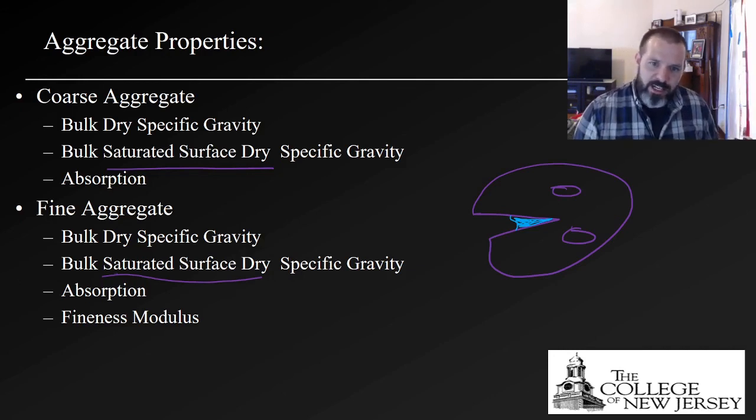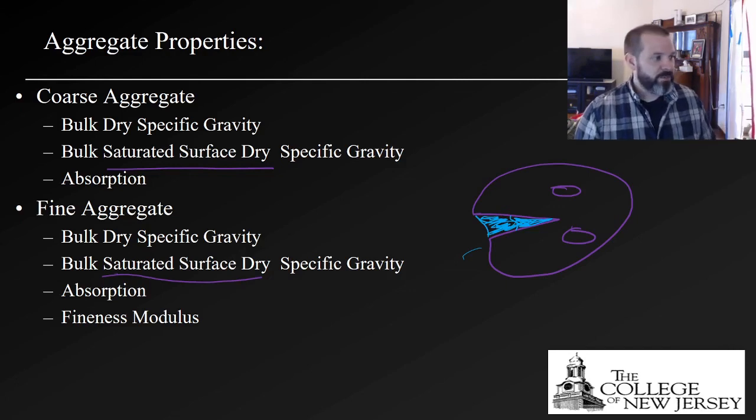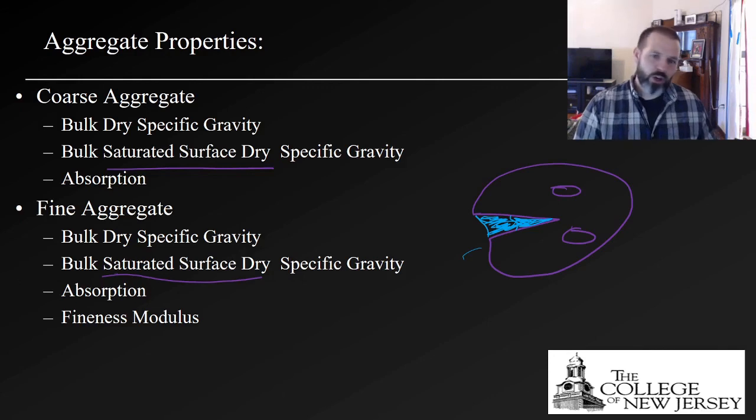If the aggregate is at the perfect condition, where its voids are completely filled, we call this the saturated surface dry condition. If aggregate is added at the saturated surface dry condition, it will neither bring water to the mix or draw water out of the mix.